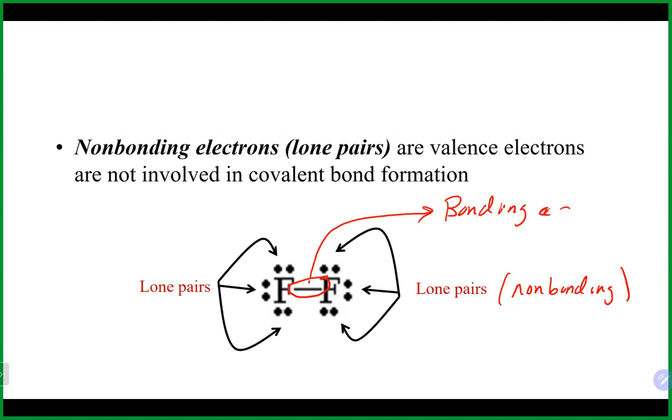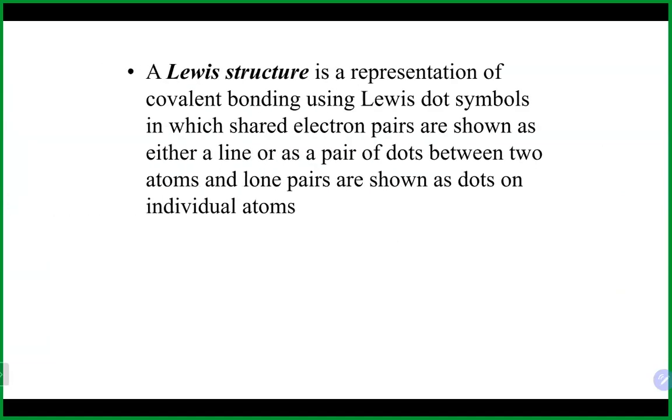But again, you can use dots if you want for your bonding electrons. Any questions on that there? This is also really important when we start talking about geometry and identifying how many bonds there are and lone pairs there are. It's really helpful to make sure you have all that on your picture, obviously.